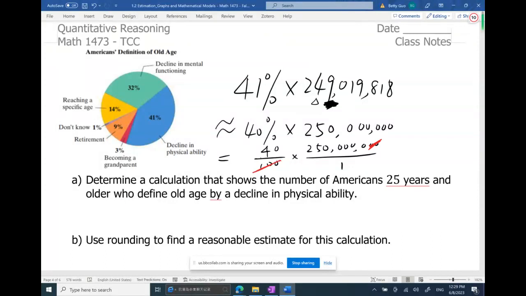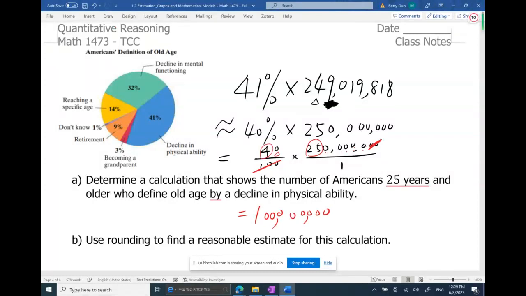Okay, and then 4 times 25 gives me 100. And then I'm going to attach the rest of the zeros. We have 1, 2, 3, 4, 5 zeros here.